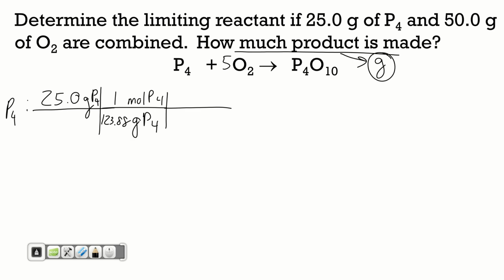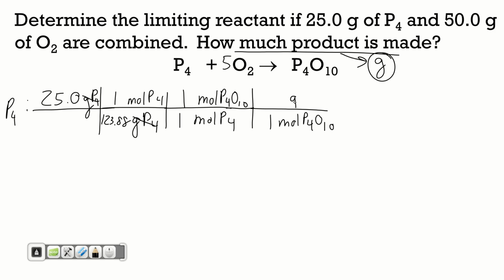All right, I'm now in moles, so I can now go from moles of P4 to moles of P4O10. Based on the reaction, this is just 1 to 1. And then I go 1 mole of P4O10 to grams of P4O10.